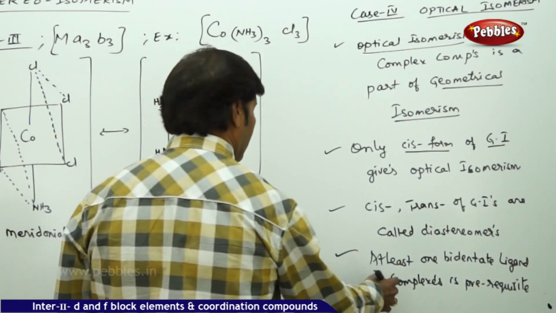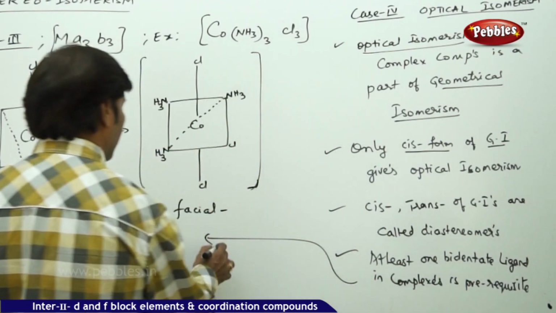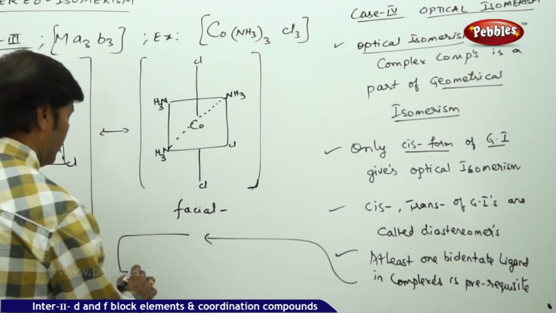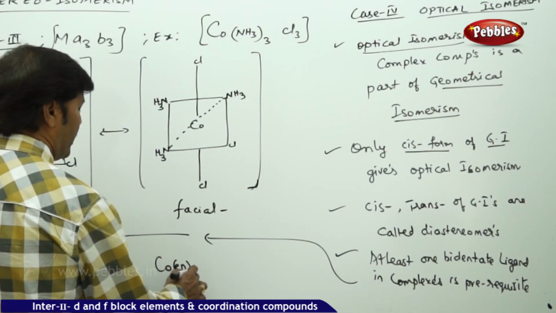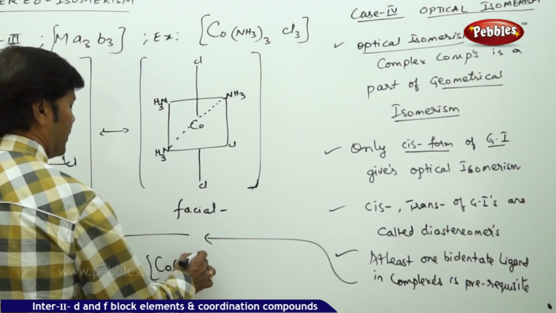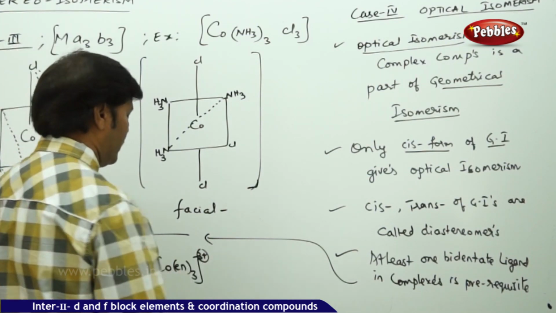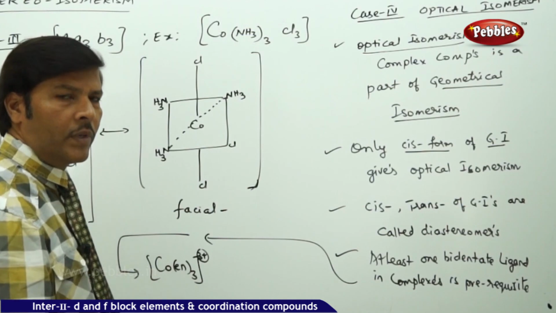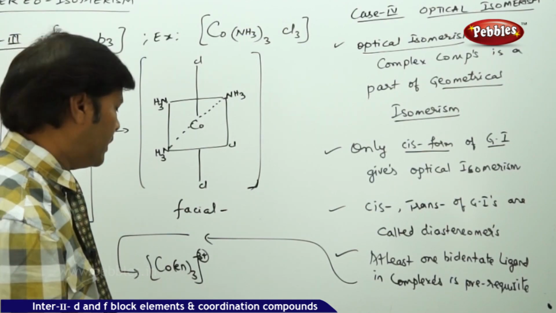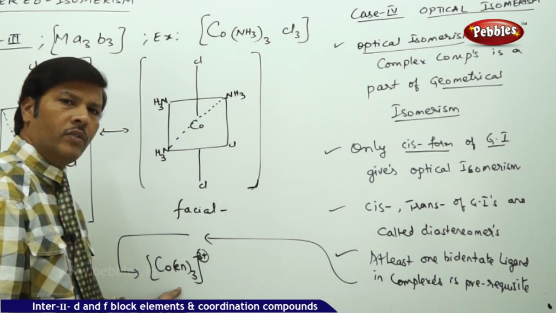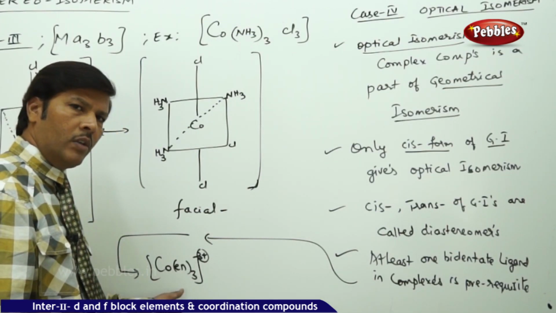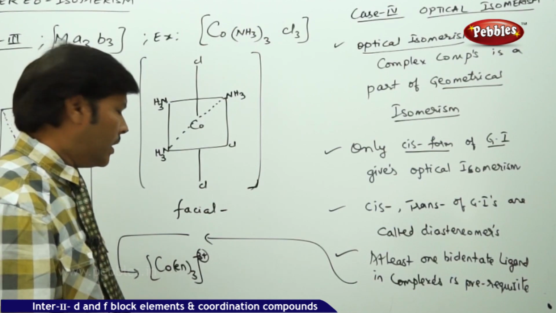So if that is the case, I just want to continue over here. We have some space, so here I can take Co(en)3 3+, which can give the optical isomerism in the form of dextro and levo. It will give cis and trans, but only cis will give you the optical isomerism.